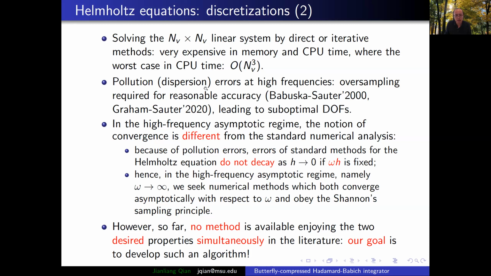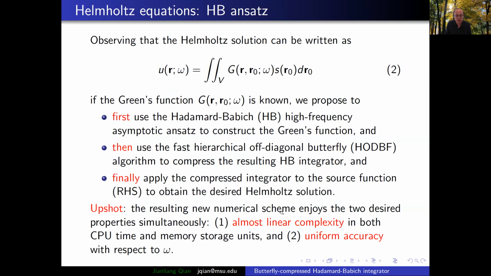So in the high frequency regime we ask differently. When omega goes to infinity, we seek a numerical method which both converges asymptotically with respect to omega and obeys the Shannon principle. At the same time, we make omega h fixed.